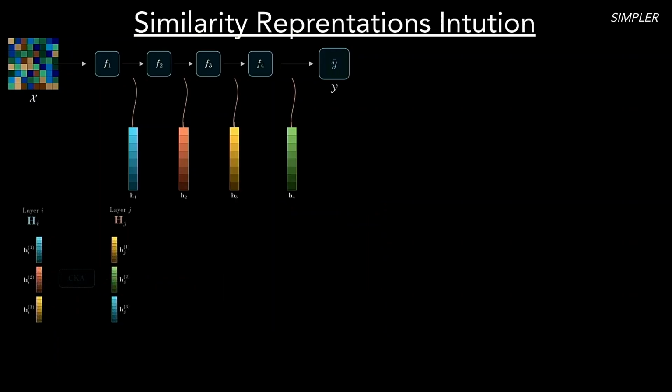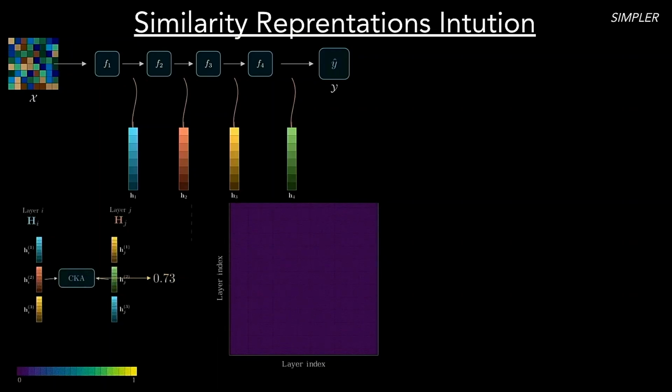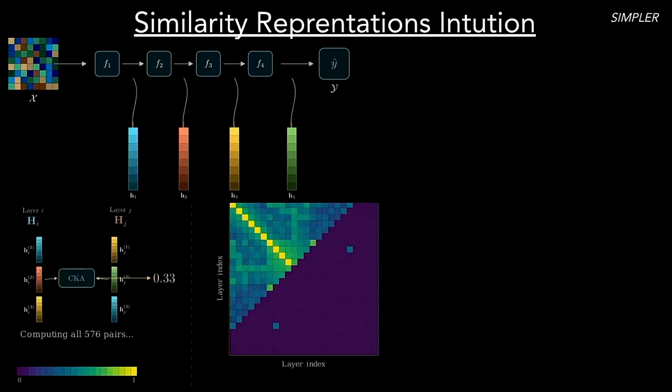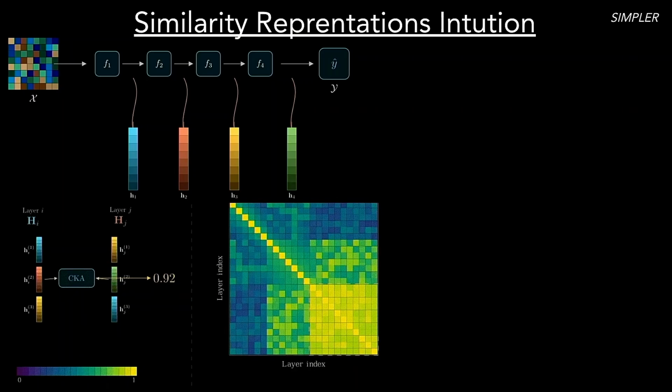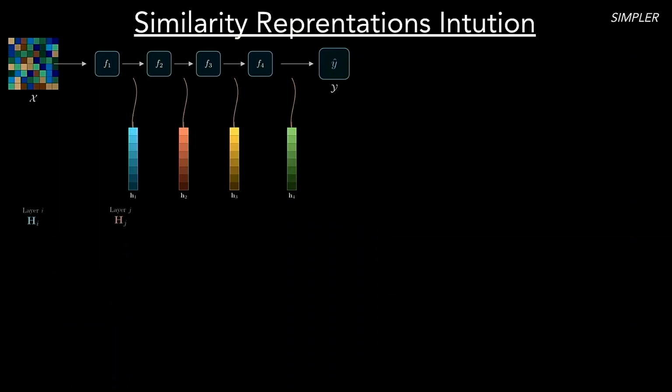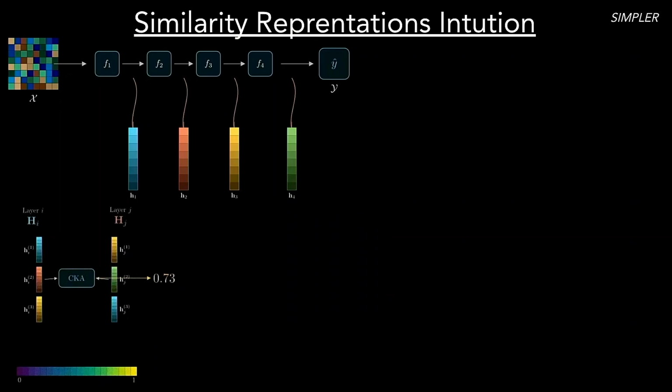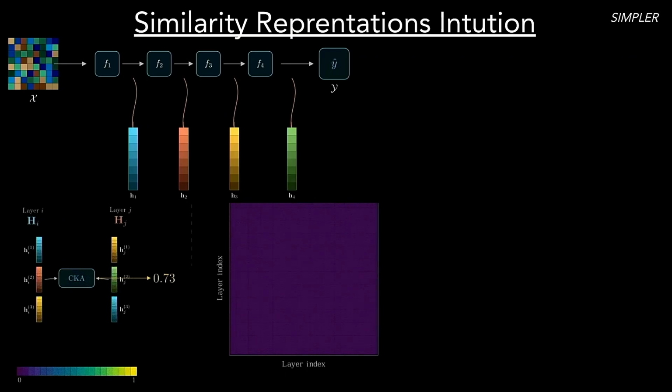As you can see, this matrix heat map has a diagonal which has the maximum similarity of the representations, because it represents the similarity of one layer with itself. And also, this matrix has a symmetry with respect to its diagonal, as you could see.